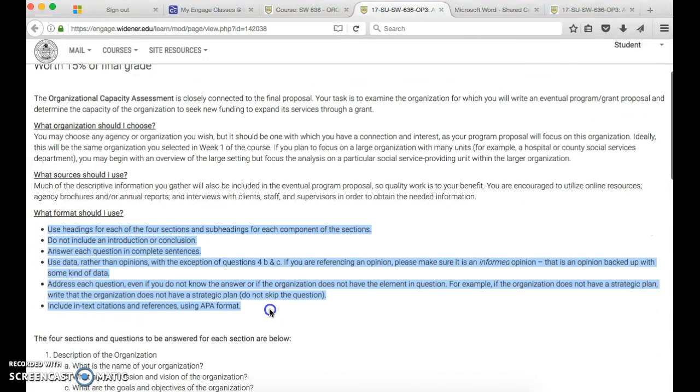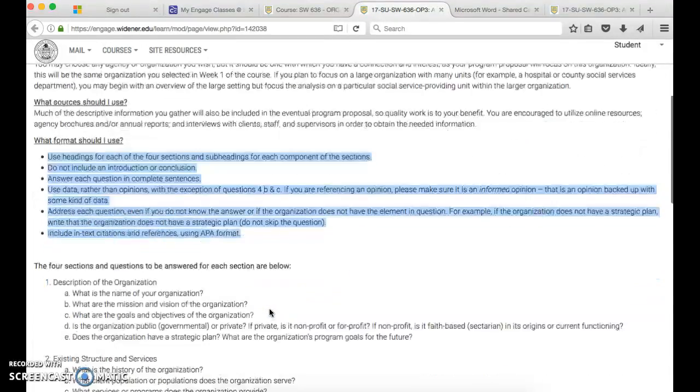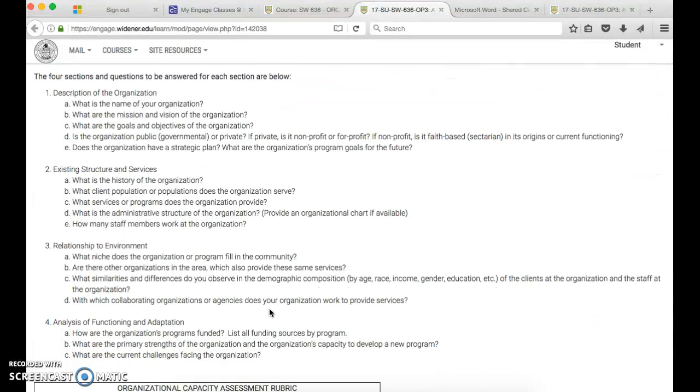Here is the description of the format that I would like you to use for this assignment, and the 4 sections that you'll be addressing are describing the organization, its existing structure and services, the relationship this organization has in the environment to other organizations in the area, how they collaborate with other agencies to provide either similar or different services, and an analysis of how that organization functions and how they've adapted, which basically means how the organization may be funded and their capacity to develop a new program.